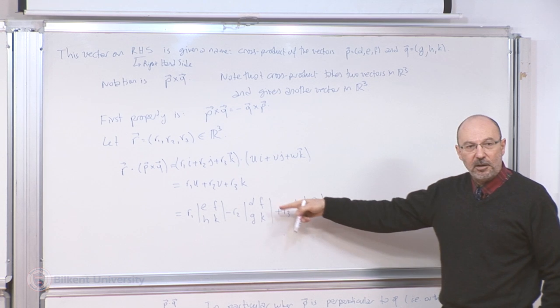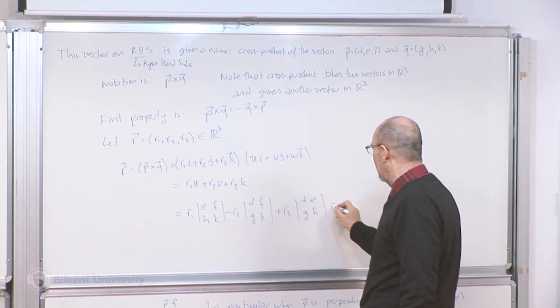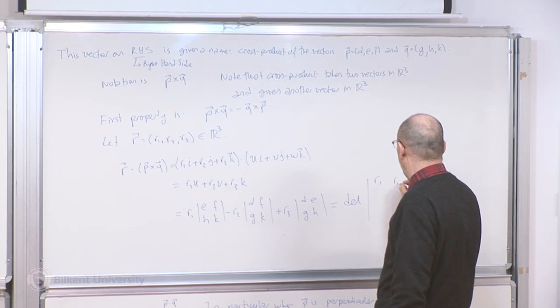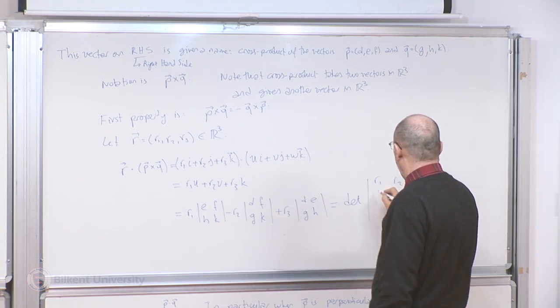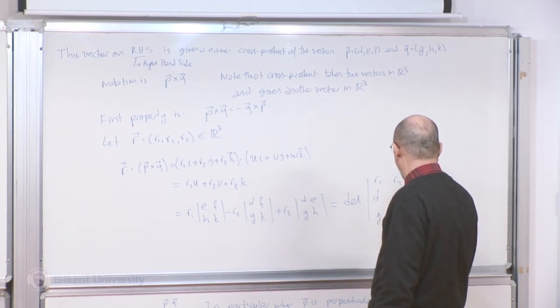Now you see everything here is a number. When you have this expansion, this is the determinant of the matrix with rows R1, R2, R3, D, E, F, and G, H, K.